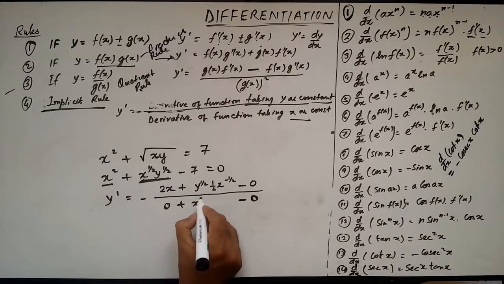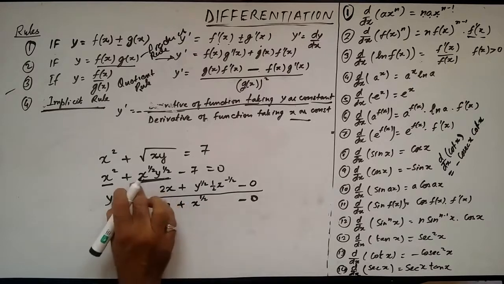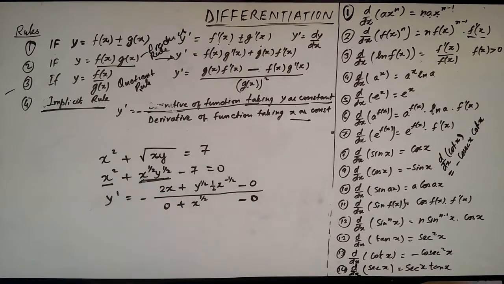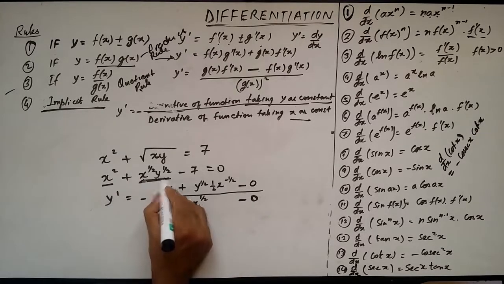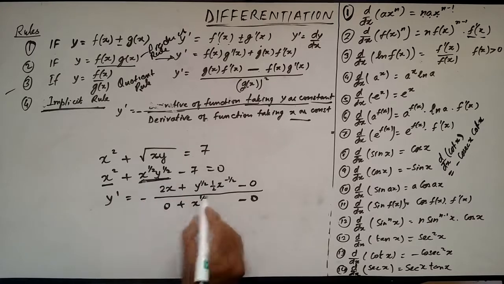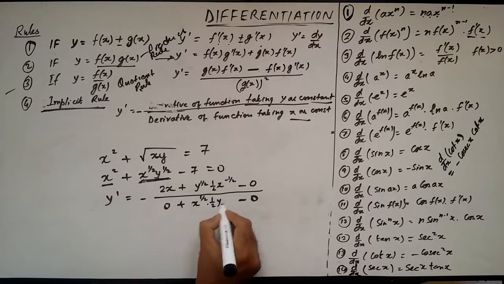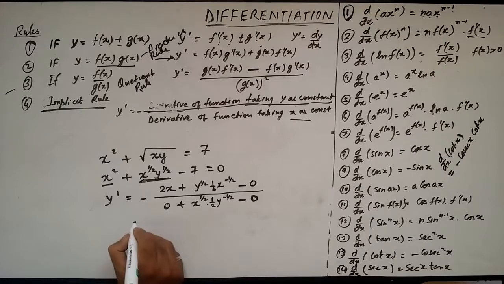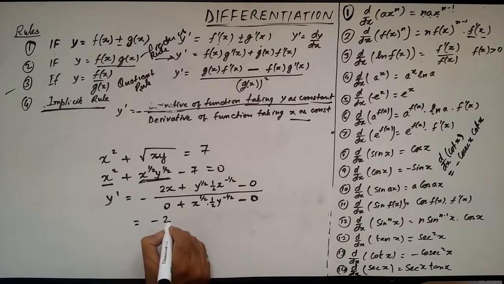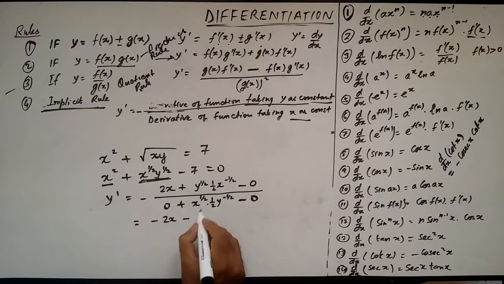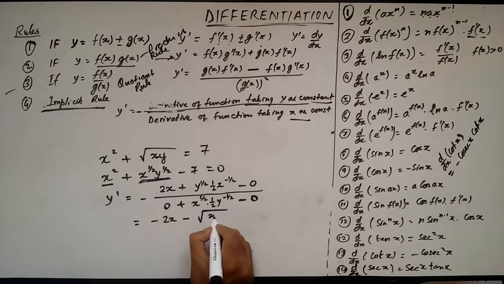Since x is a constant, we write x to the power half first, because the constant remains as it is. And then we will find out the derivative of y to the power half. That is half y to the power minus half. So this becomes minus 2x minus square root of x y to the power minus half.